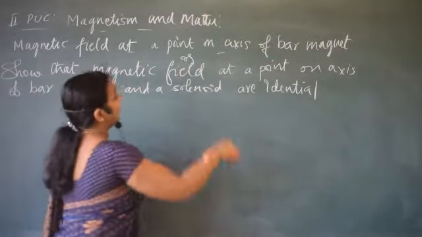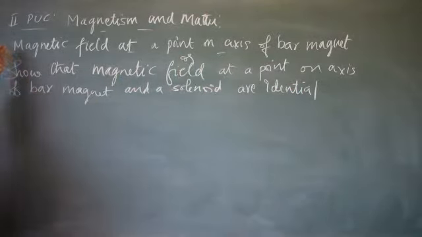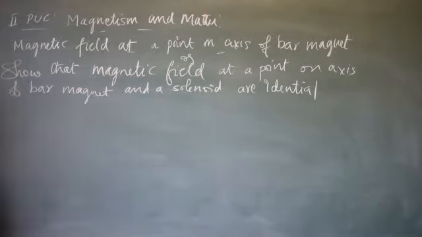So they can ask either for the expression for magnetic field at a point on the axis of the bar magnet, or they can ask us to show that the magnetic field at a point on the axis of the bar magnet and a solenoid are identical.